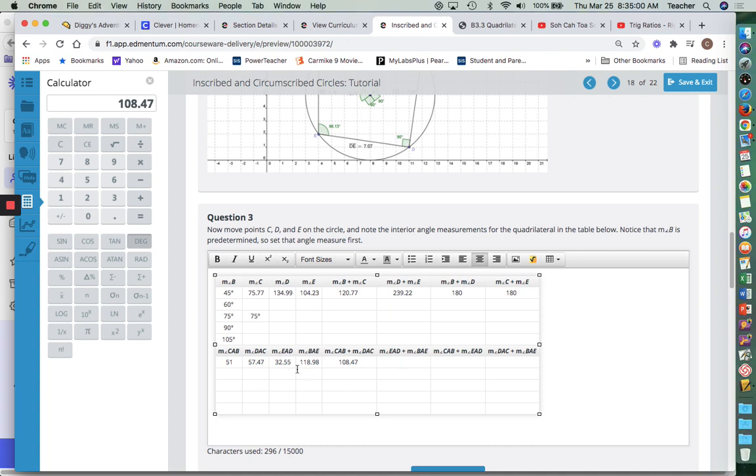with BAE, so 32.55 plus 118.98. Okay, so 151.53. All right, now I'm going to add CAB with EAD, so the first and the third.